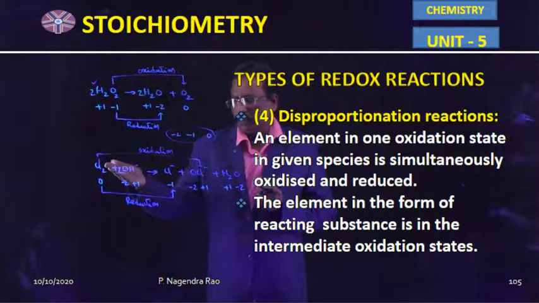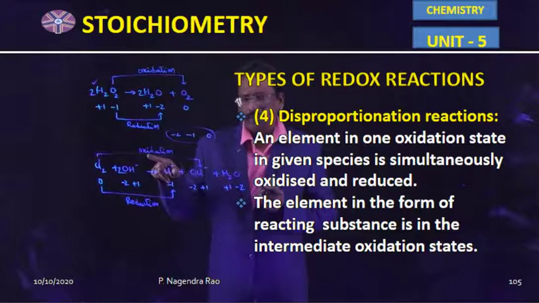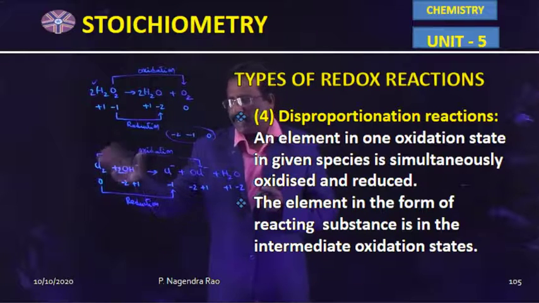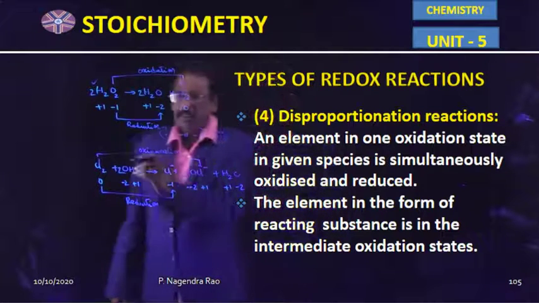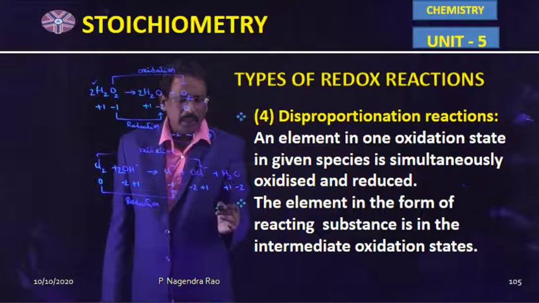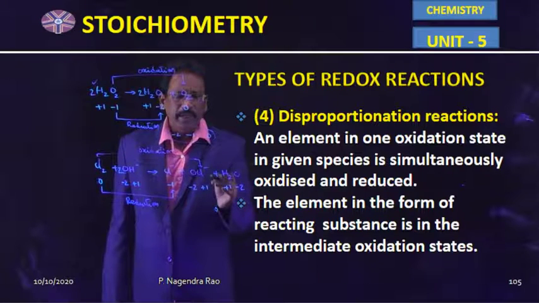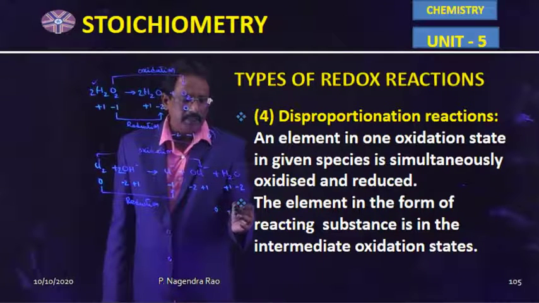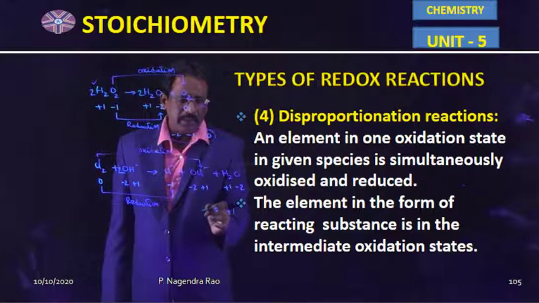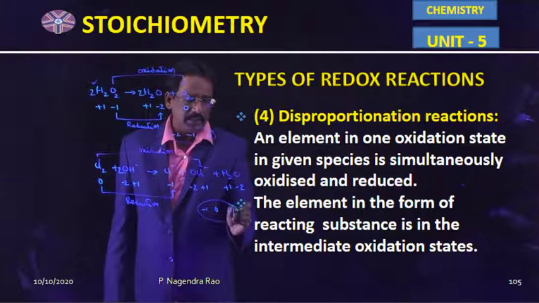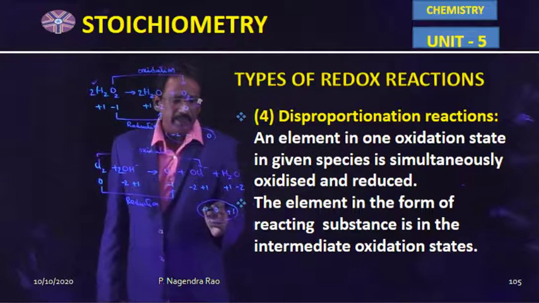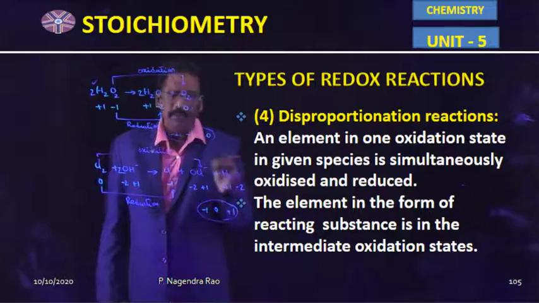That means there is no comproportionation here. There is only disproportionation. In this case also, Cl2 oxidation state is 0, and in OCl minus it is plus 1, and in Cl minus it is minus 1. So this element's oxidation state is intermediate between minus 1 and plus 1.